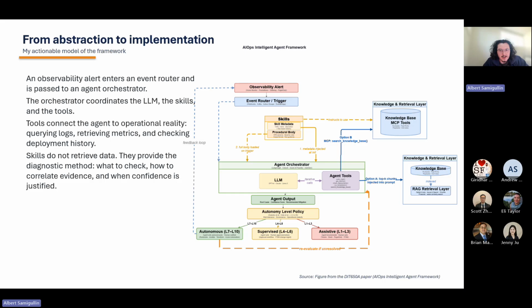The tools are the agent's connection to operational context, for example, querying logs, retrieving metrics, checking deployment history, etc. While the skill layer gives the agent a diagnostic method. Basically, it instructs what the agent should do: what to check first, how to correlate evidence, and when to rule out alternative causes.